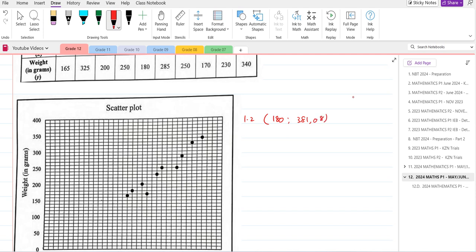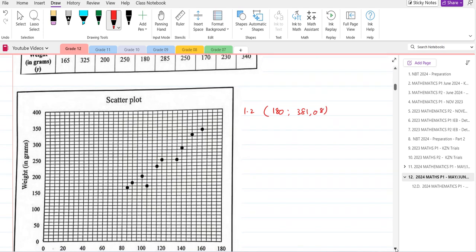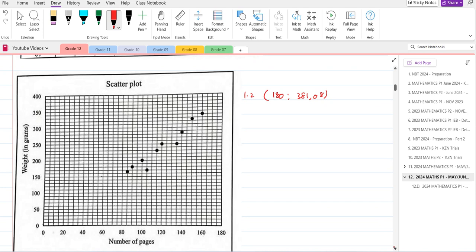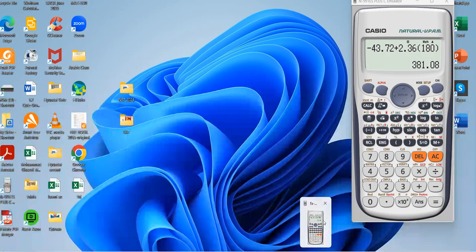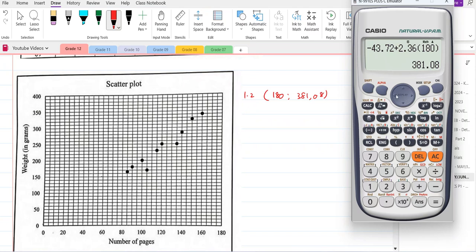I want to try a lower value so that I can join the two points. Can I try a point at 0? No, then I will get a negative answer, that's the y-intercept. Let me try a point at 100, because remember you just need 2 points to sketch the line. 100 is going to give me 192.28.